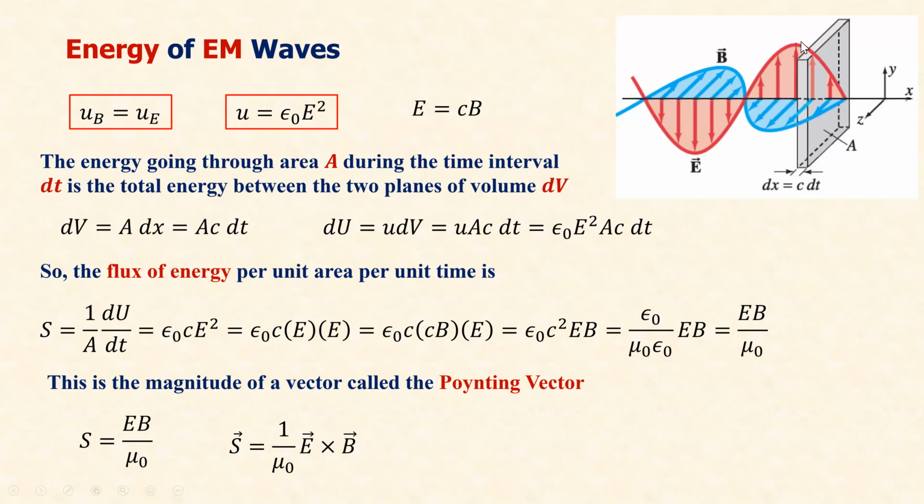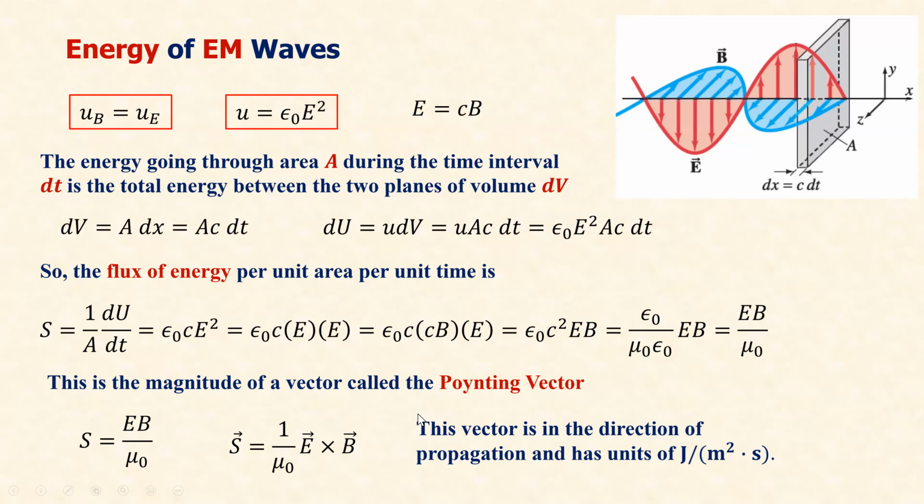For example, if you do E cross B from the right-hand rule, E is up at this point, B is toward you, and if you turn your fingers from up toward yourself, your thumb shows the direction of X. This is the Poynting vector that is in the direction of propagation of the electromagnetic wave. So what is the importance of this? The unit of that is also joule per second per meter squared.